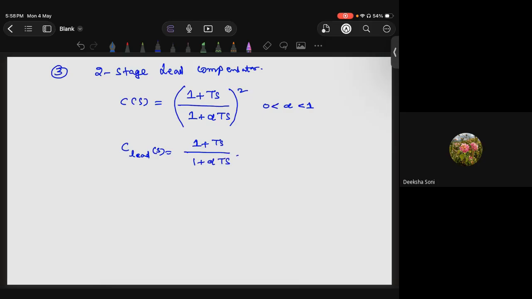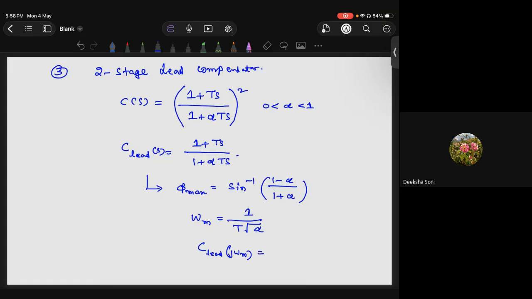Then from the theory, it can provide at max a phase angle with sine of phi max equal to 1 minus alpha by 1 plus alpha. Similarly, the maximum frequency is 1 by T root alpha. Then the magnitude of C lead of j omega is 1 by root alpha.